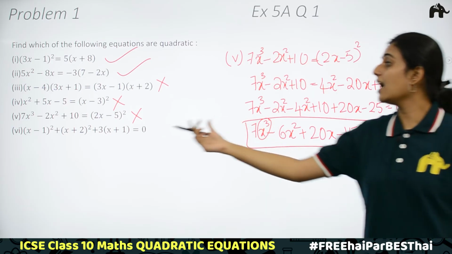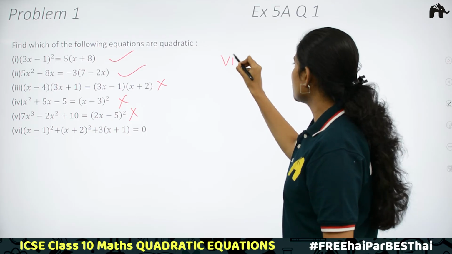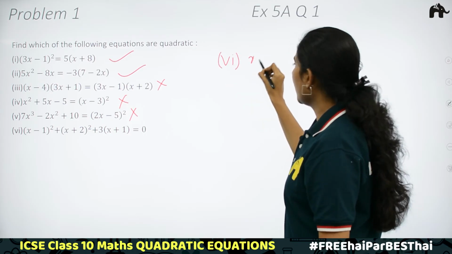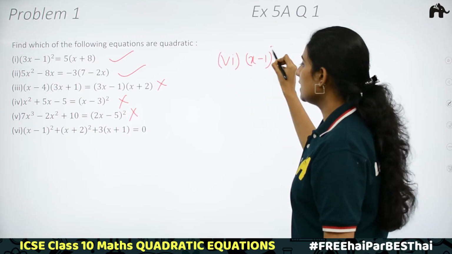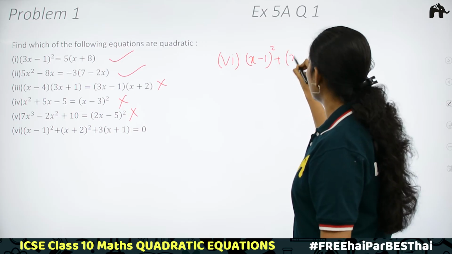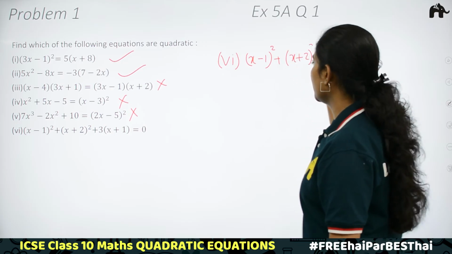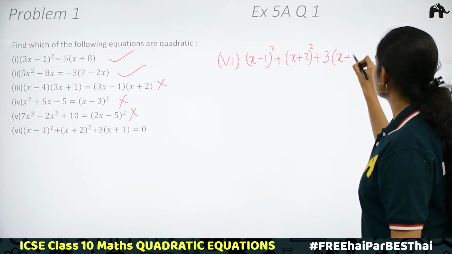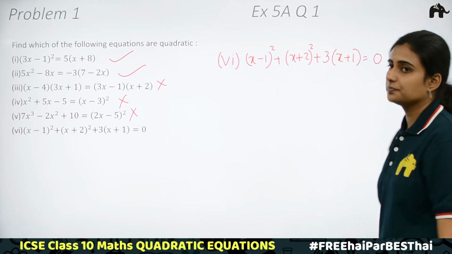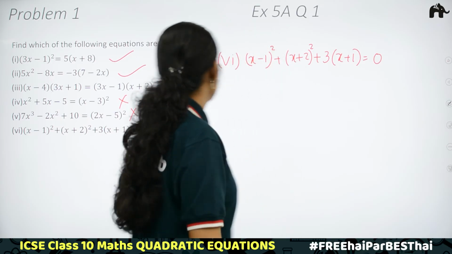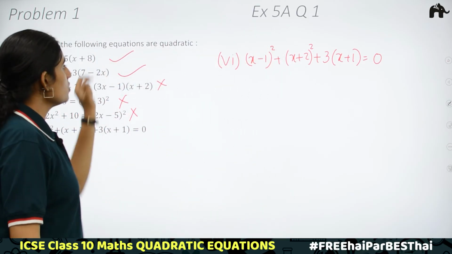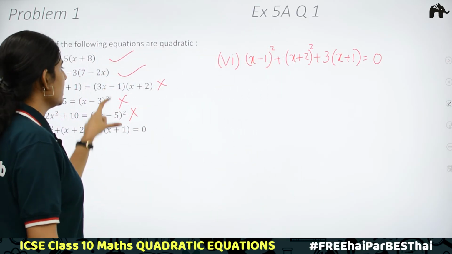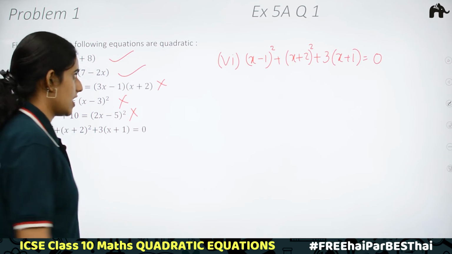Let's take the last one, the sixth one. Sixth expression, x minus 1 whole square plus x plus 2 whole square plus 3 into x plus 1 is equal to 0. Let's check this. By now we have got 2 quadratic equations and 3 equations which are not quadratic.